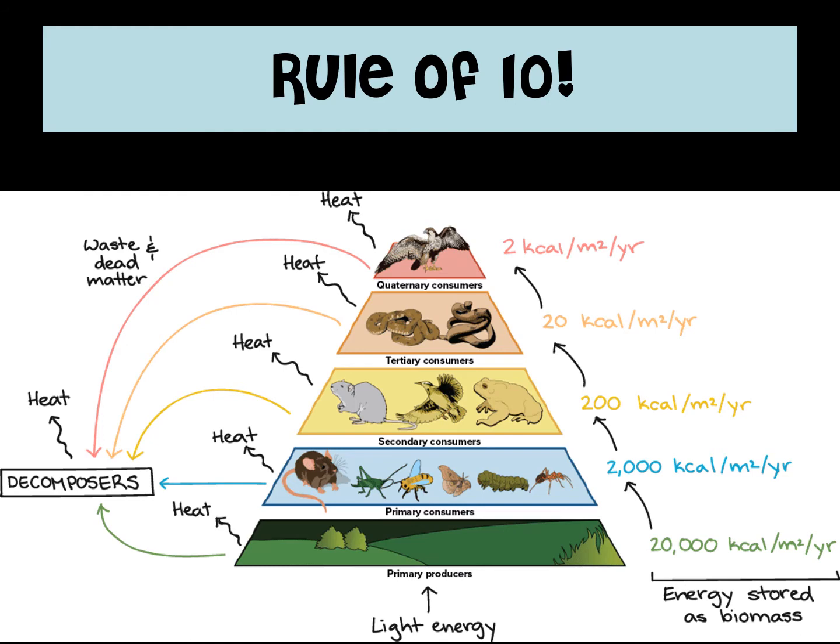So for example, if you start with 20,000 calories of energy in the primary producers, and the primary consumers eat those primary producers, they obtain 10%, and then 10% more, and 10% more after that. This explains why organisms at the top of the food chain really do need to eat a lot to be able to obtain the same amount of energy that is found lower on the food chain.